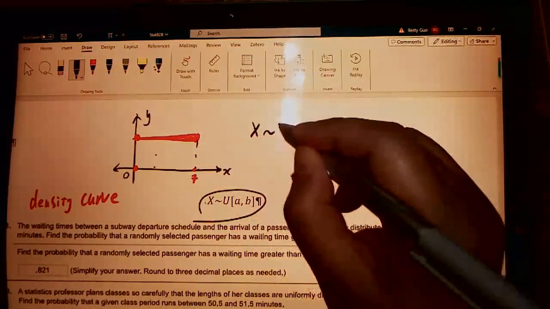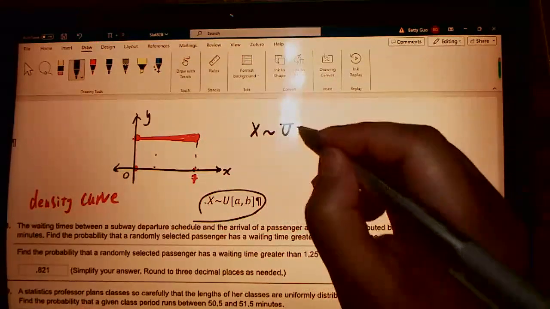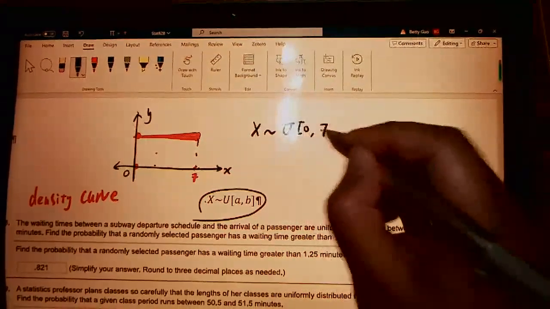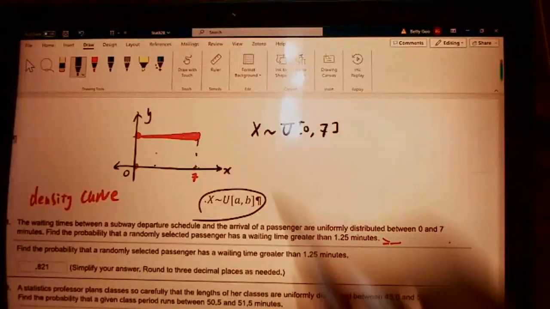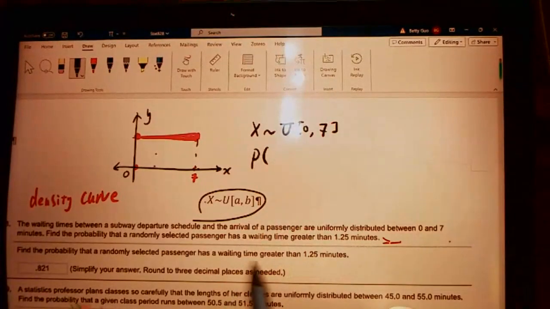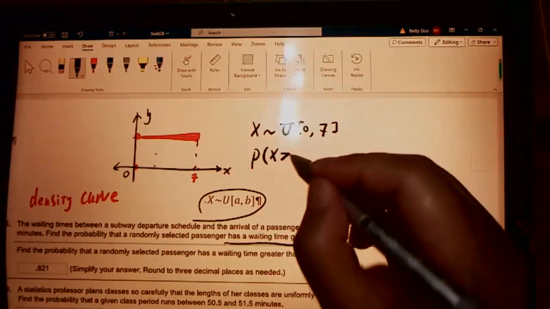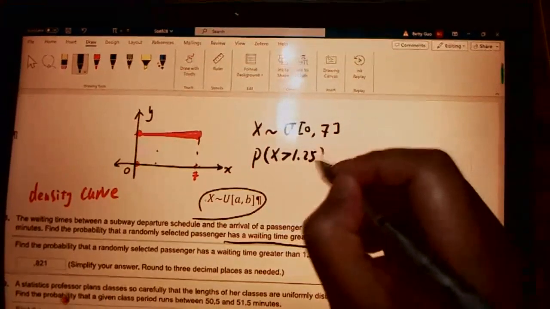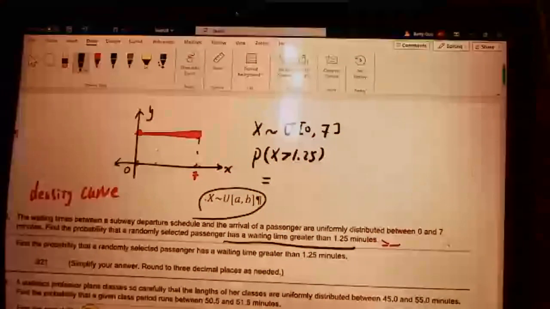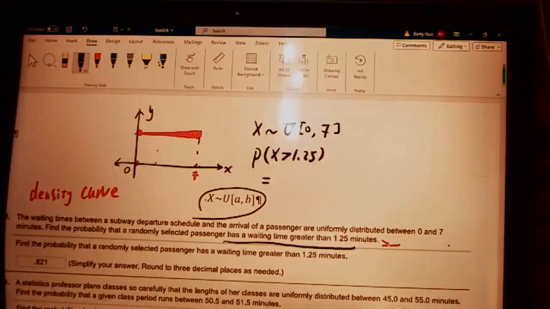So we know X follows a uniform distribution on the interval 0 to 7. We are looking for the probability that X is strictly greater than 1.25. How do we find that probability? On the graph of the density curve, the probability that the variable is bigger than a value or less than a value can be represented by the area.